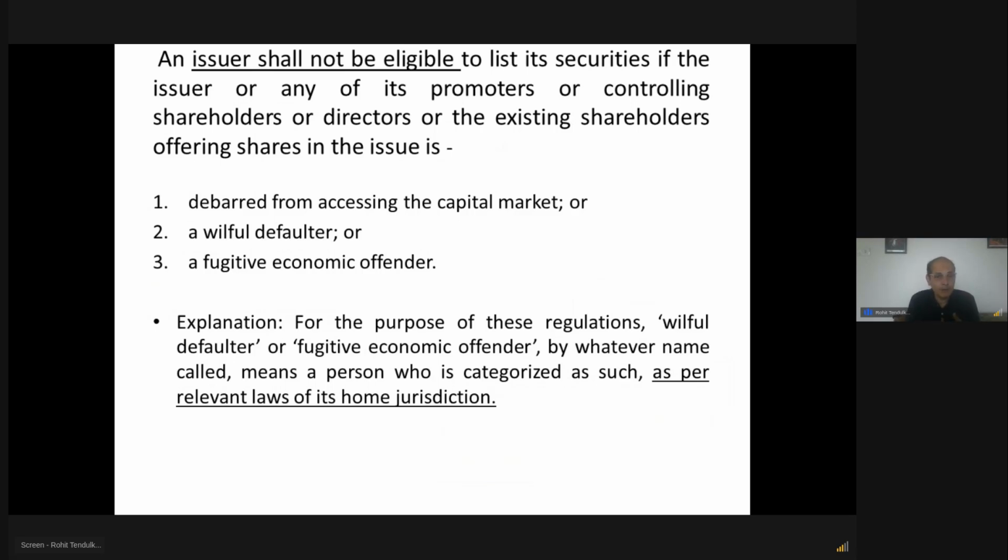So far as willful defaulter and fugitive economic offender is concerned, it will be considered as per the relevant laws of its home jurisdiction. Suppose the issuer is in the UK, then it will be decided whether he is a willful defaulter or fugitive economic offender based on the relevant laws in the UK.